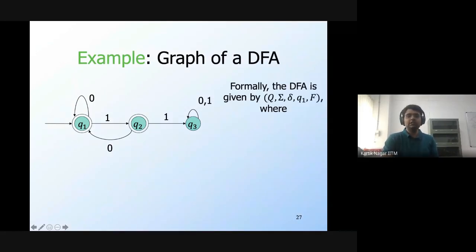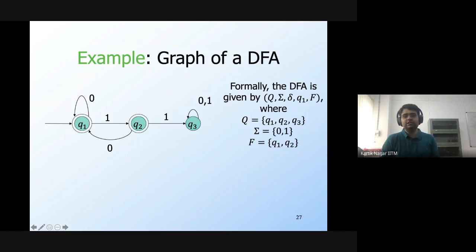Formally, this DFA is given by the tuple Q, sigma, delta, Q1, and F. Let's define what each of these things are. Q is the set of states, which in this case is simply Q1, Q2, and Q3. Sigma is the input alphabet, whose symbols label the edges of the graph, and in this case it is 0 and 1.